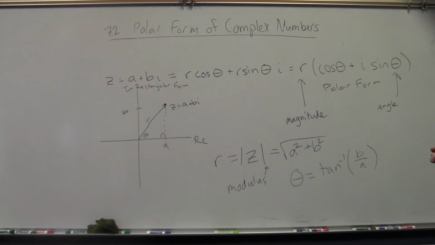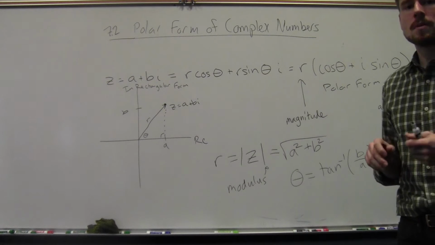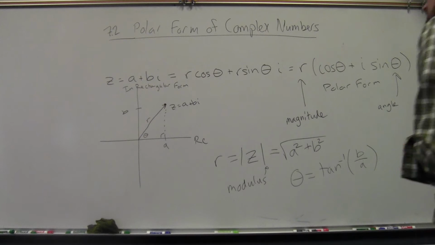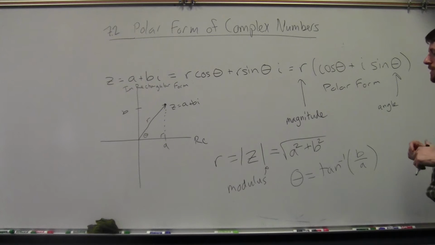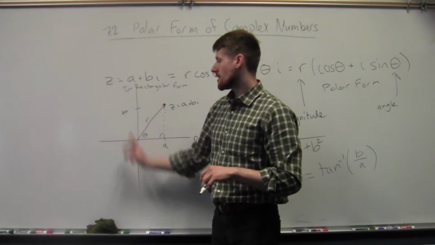This is inverse tangent. And you have to be careful with inverse tangent, as you've been careful with it before, because sometimes it gives you the angle in the wrong quadrant. So you have to sometimes add pi to it so that it is in the correct quadrant. Also, this is undefined if it's ever on the imaginary axis.